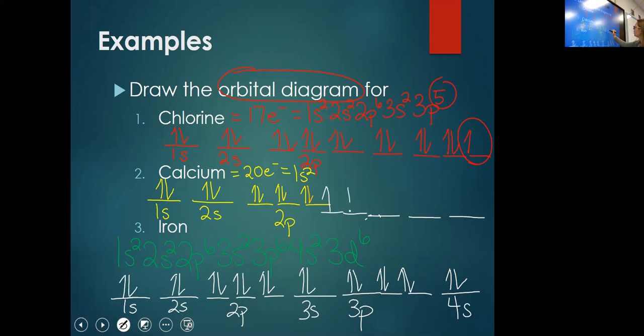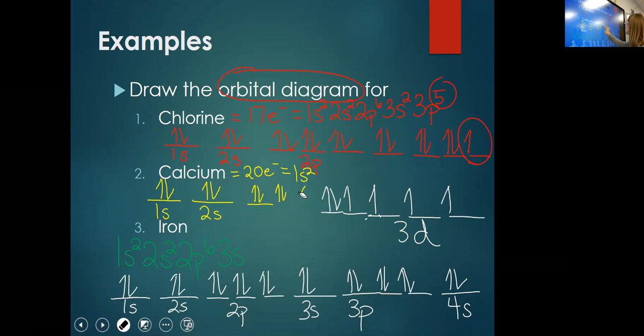So we have 1, 2, 3, 4, 5, 6 electrons. So what we would see from this notation, and let me again erase some of this other stuff so that we can focus in on iron.